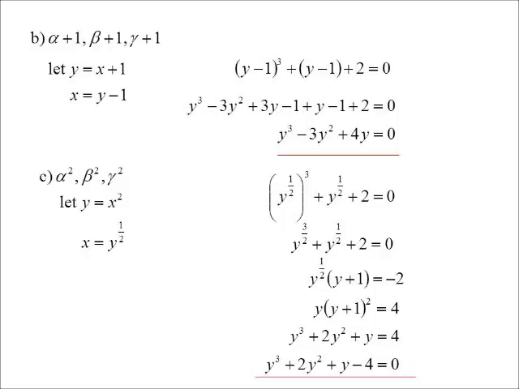So that did have a little bit more work. Would that one have been quicker to work out? Alpha squared plus beta squared plus gamma squared would have given me the roots one at a time, then I could have done two at a time. Matter of choice. Now, the reciprocal of the squares. I still use the same technique. It's just now I'm going to substitute in negative a half instead of positive a half, and we get negative powers.